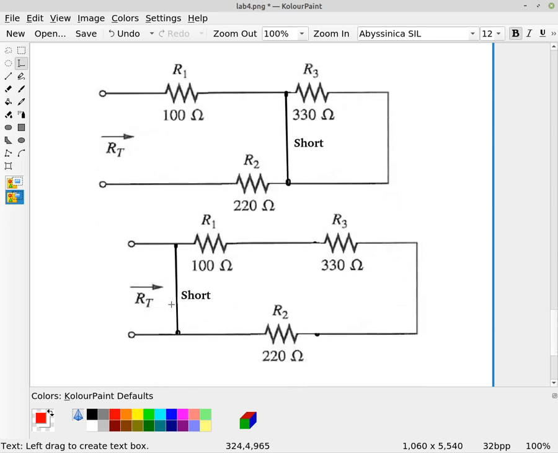All right, so let's just take a quick look here at a couple of cases where we have something going on in our circuit. So we had these three resistors, R1, R2, and R3, that were in series, but now I've got this short. So there's this short here.